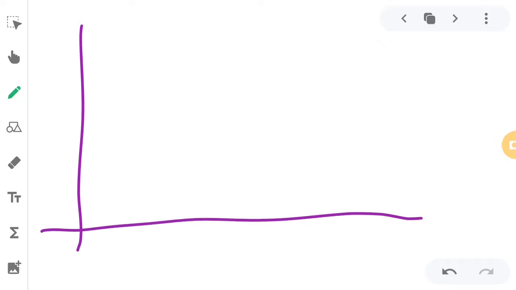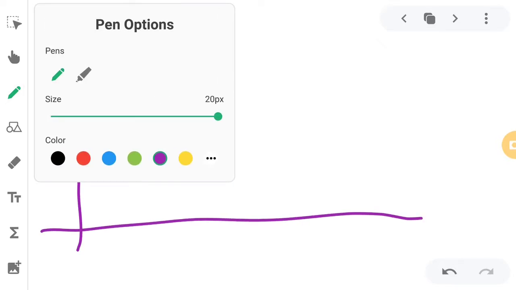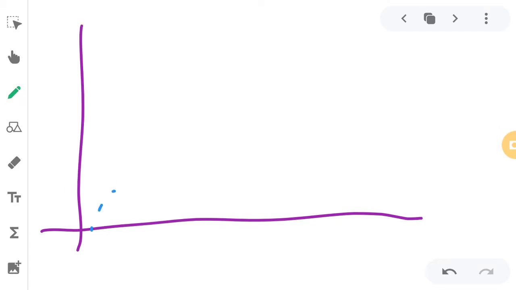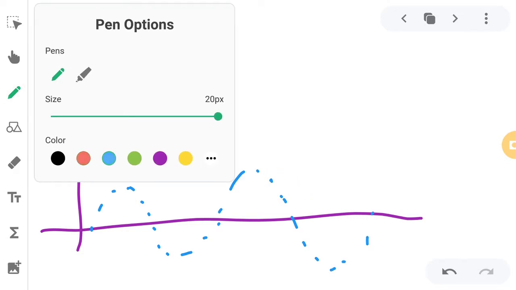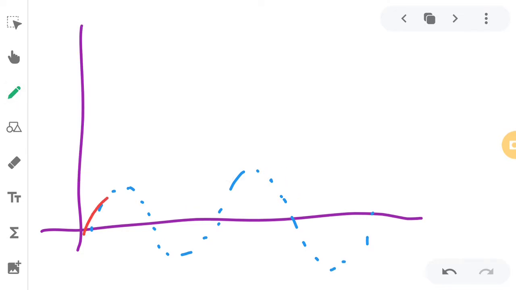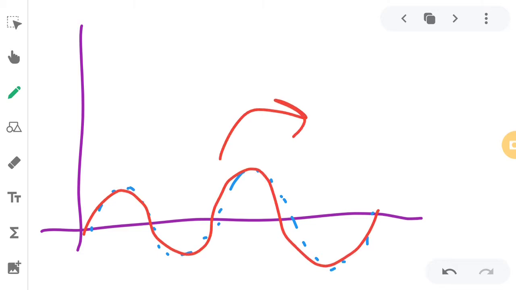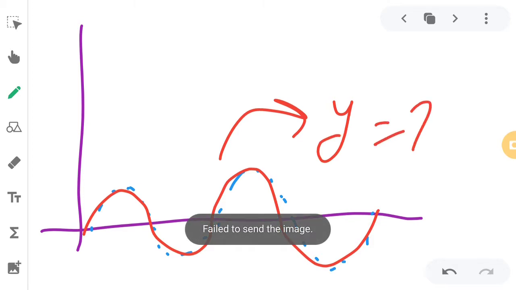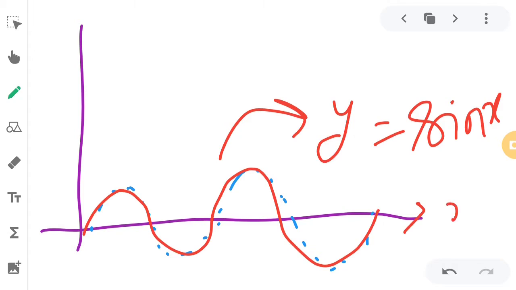If the points are like this, then it is like y equal to sin x. This is x and this is y.